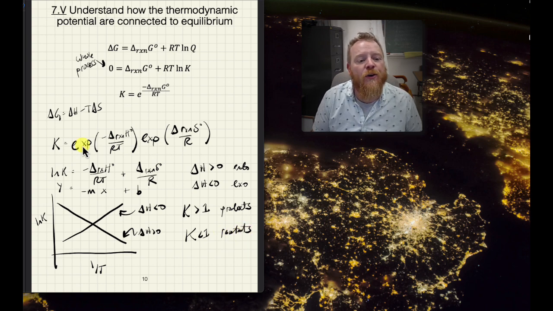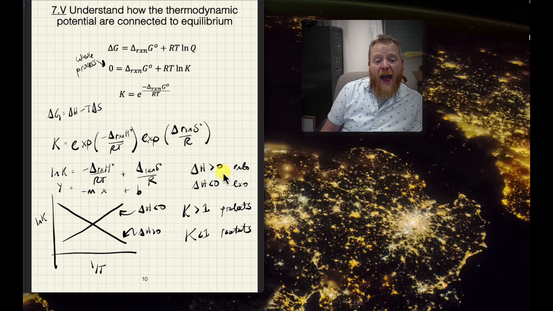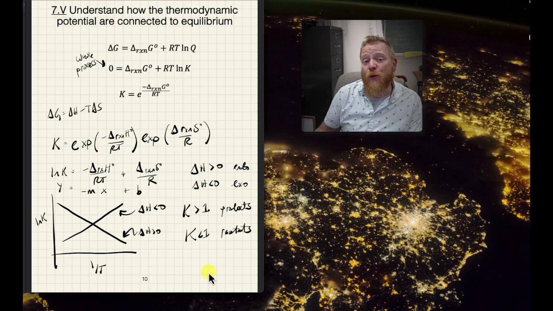So now, noting this expression and how it goes, when we have an endothermic reaction where the delta H is positive, we still have a negative sign there, right? So e to a negative quantity is going to be less than 1. So this indicates that endothermic reactions have a tendency to favor reactants.